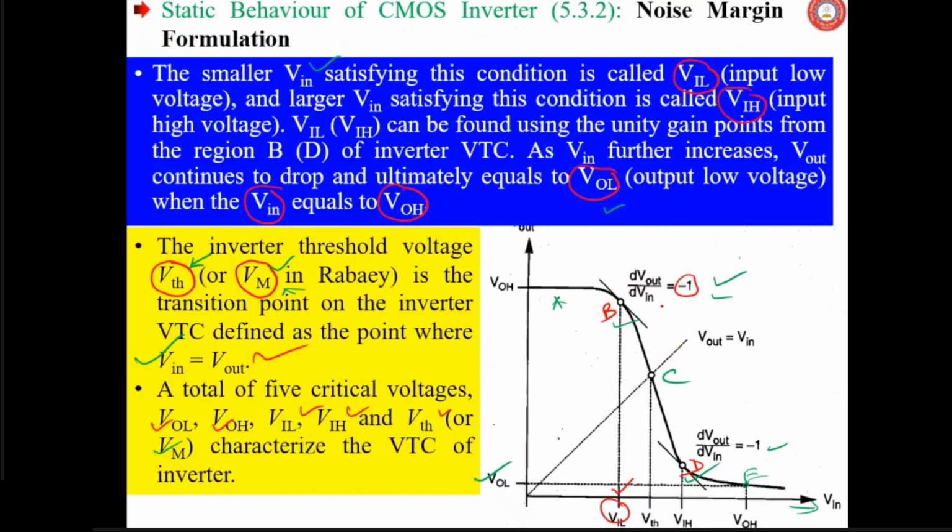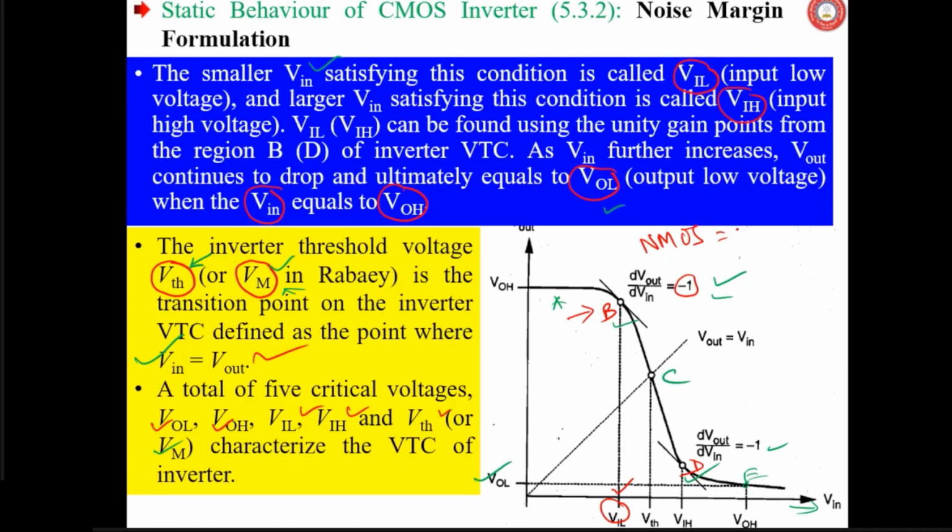So in this region B, what is the status of the NMOS and PMOS? Which region are they in? We have already shown this, but you must be able to say. What is the status of NMOS? Somebody say, NMOS is in which region? Linear.